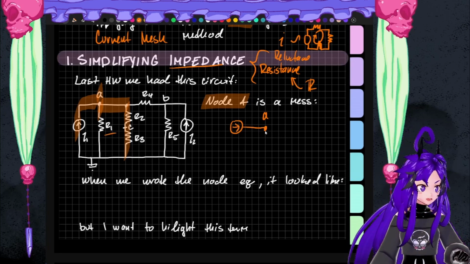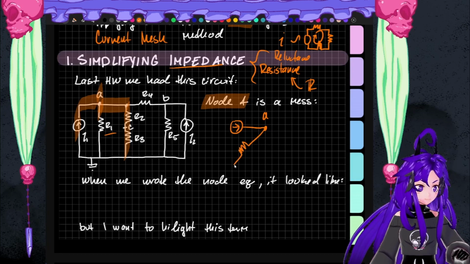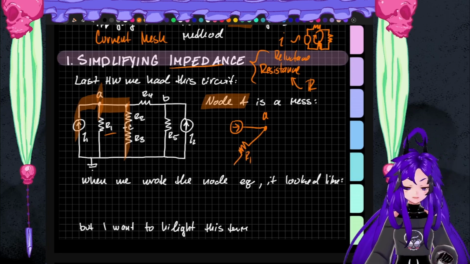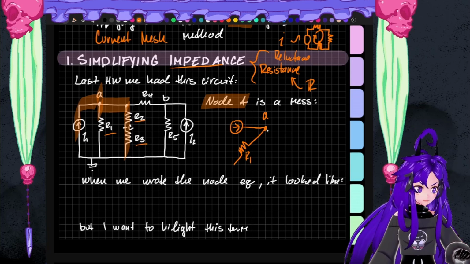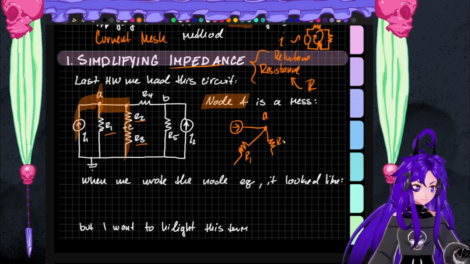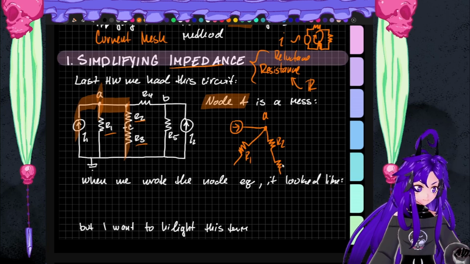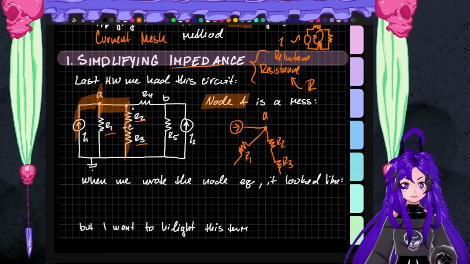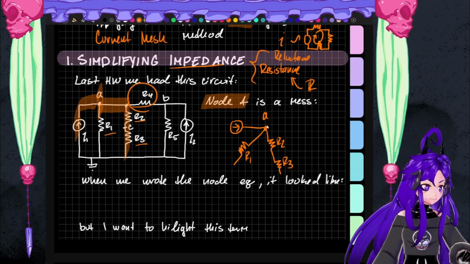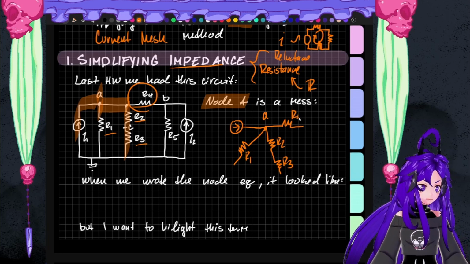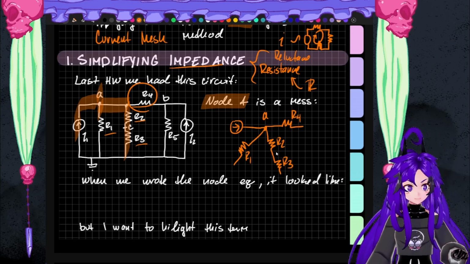Then we've got R1. Then this branch has both R2 and R3. And then we've got R4 attached. There's a lot going on.